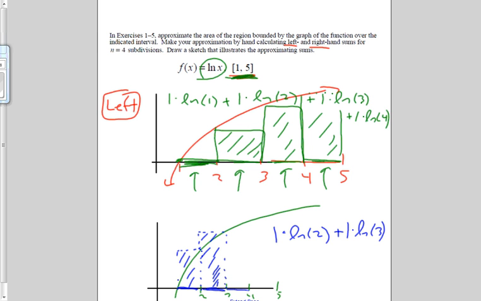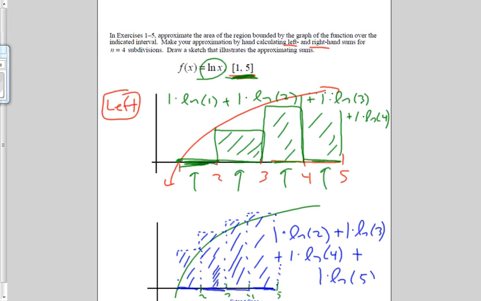And then from 3 to 4, I use my right bound again. So always using the right-handed. So plus 1 times ln of 4. And then for my last rectangle between 4 and 5, again using my right-handed value, it's going to be 1 times ln of 5.